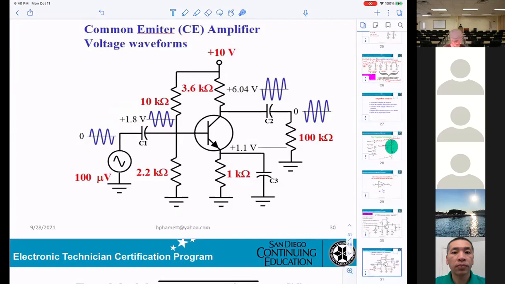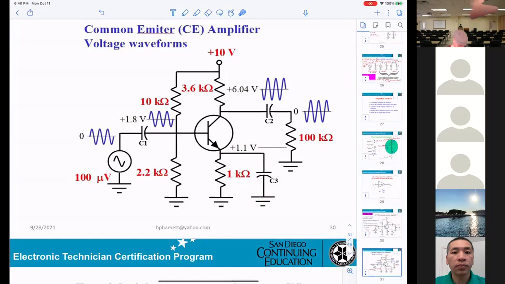When you're working on the transistor circuit board, that's what you will run into. Okay, so if you measure the AC at the meter, you're supposed to get 0.